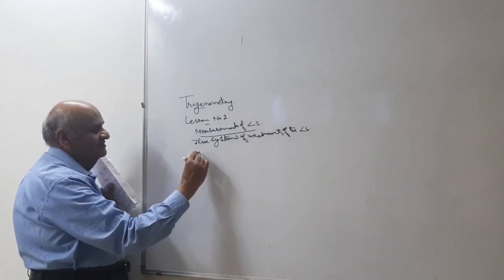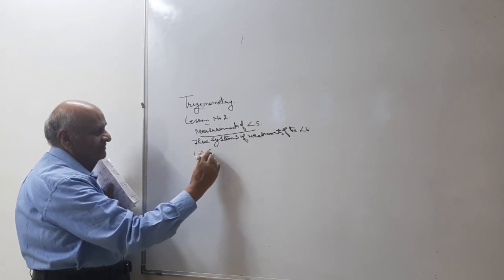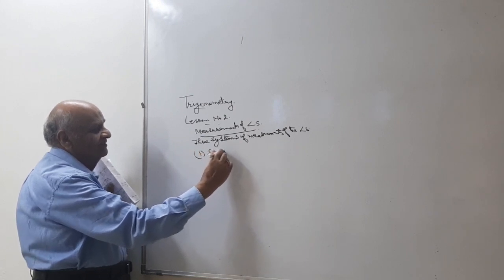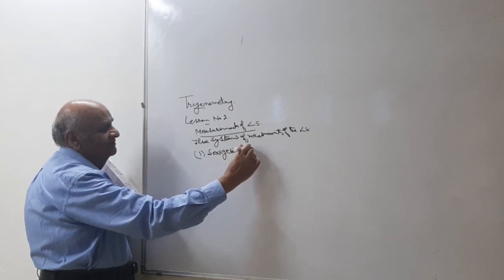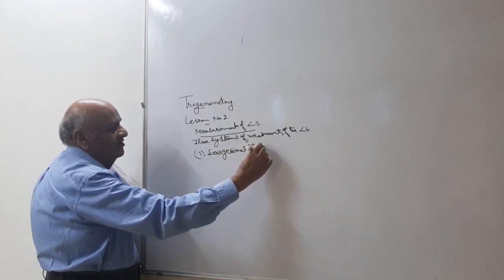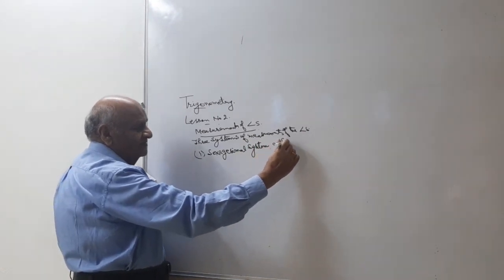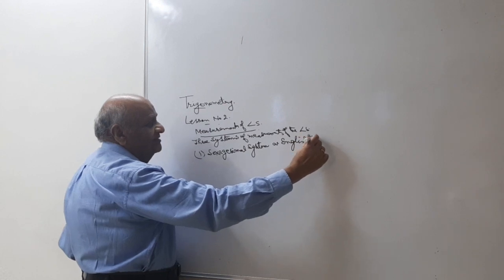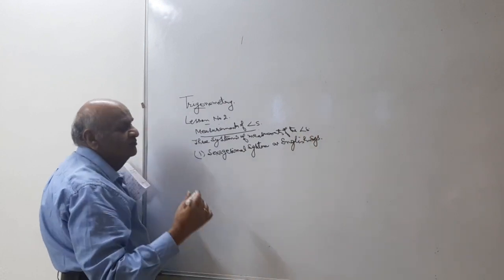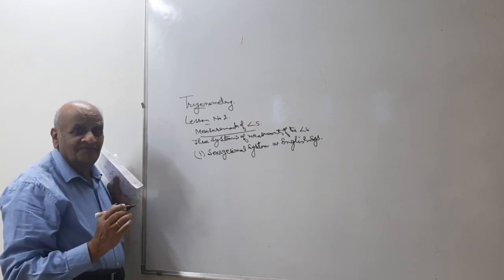The first is the sexagesimal system, or it is also called the English system. It will be used maximum in the study of trigonometry.